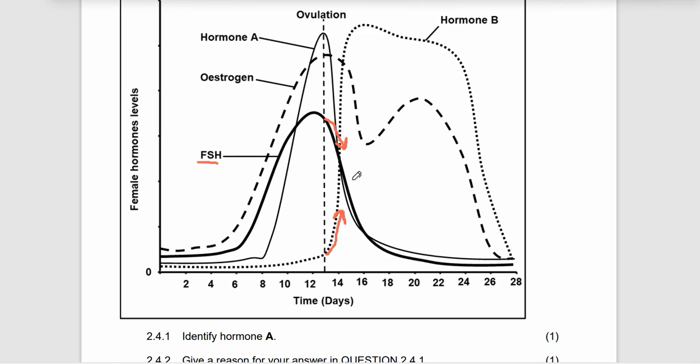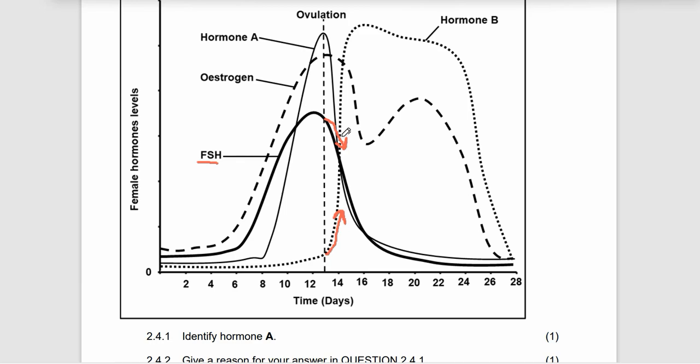So when answering your question, you are going to say that when there are high levels of progesterone, that is going to inhibit the secretion of the FSH from the pituitary gland. Why? Because the responsibility of the FSH is to stimulate the development of the follicle.